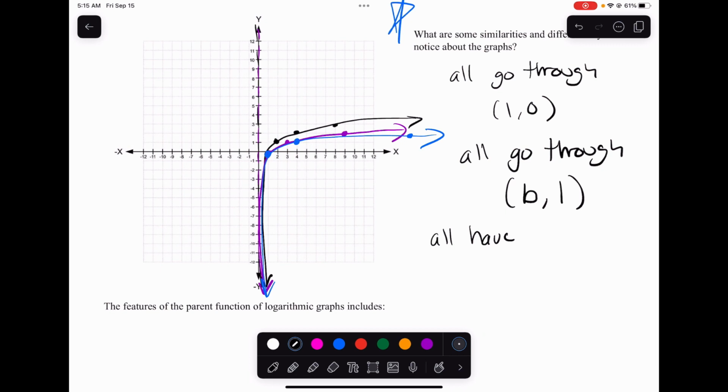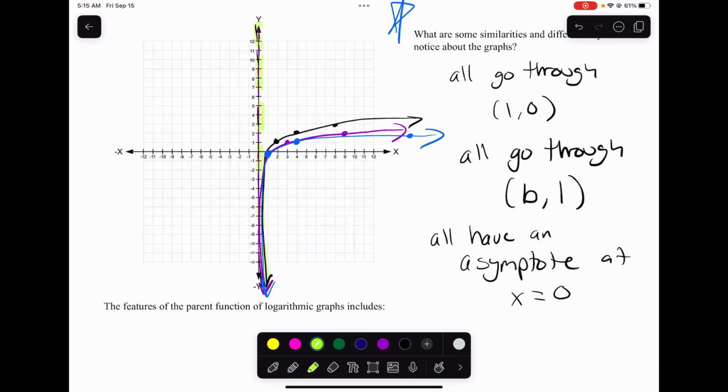Now, one thing as a teacher I always struggle with, I can never remember how to spell asymptote. I'll have an asymptote at x equals 0. All right, that's this asymptote here at x equals 0.